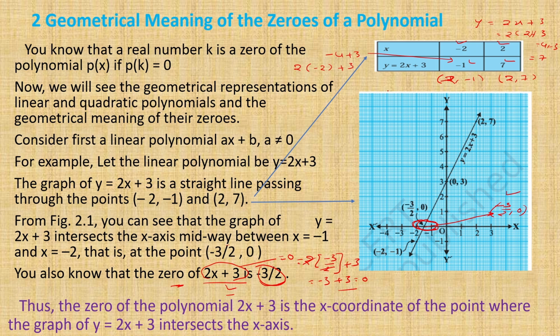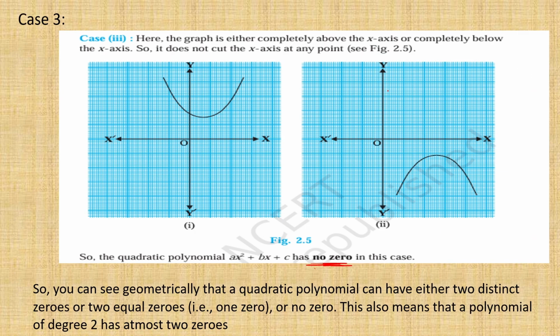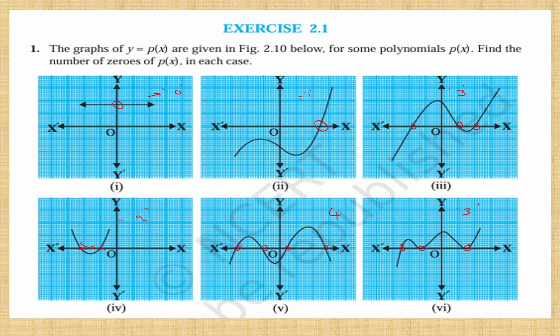Okay. So ax plus b, where a is not equal to 0, is a linear polynomial. In this, what is the value of the zero?